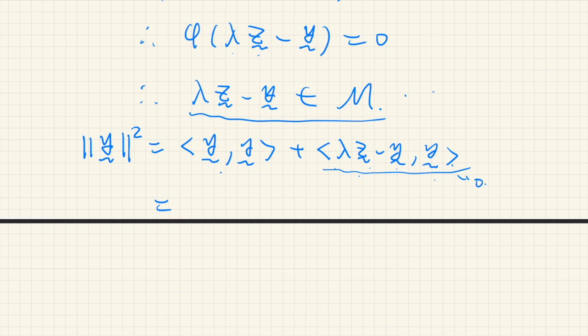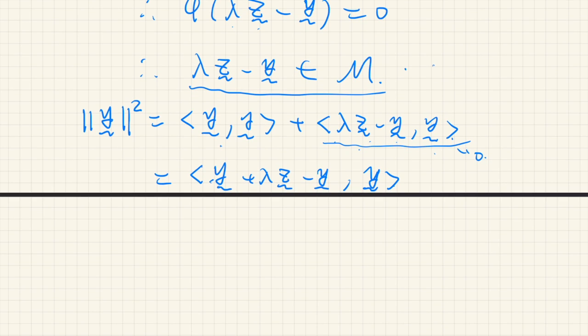And now let's combine these two products, and we have the inner product of (Y plus lambda Z minus Y) with Y. And this Y and this Y will cancel, and we have the inner product of lambda Z and Y. But by the way we chose Y, this inner product is equal to 0. Therefore, the norm of Y is 0. That means Y is the 0 vector.